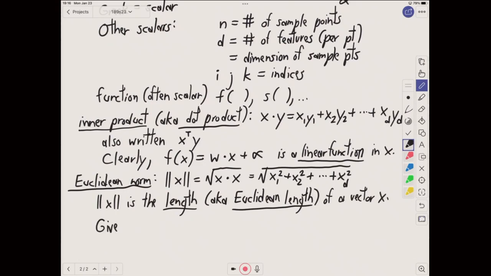And if someone gives you a vector x, and the vector is not 0, then x divided by the length of x is always going to give you a unit vector, meaning a vector whose length is 1.